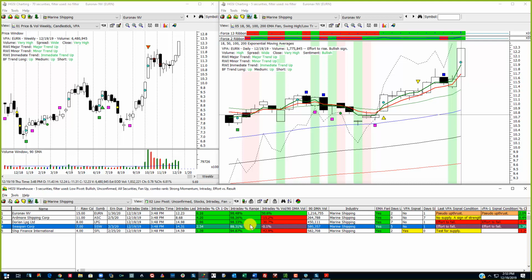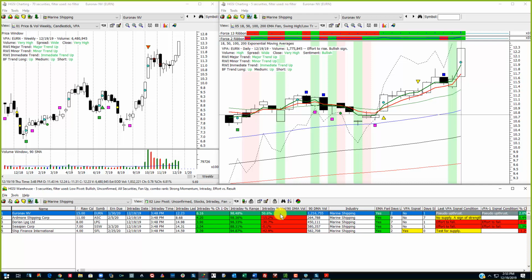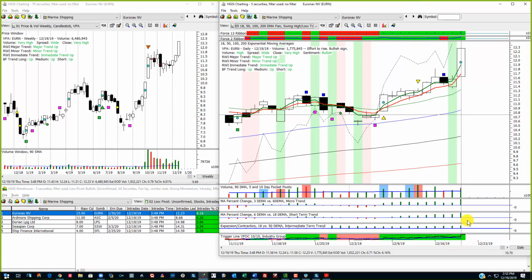C-SPAN is at 88% of its range. Now this is the intraday range. This is the one that's trading with most volume. Let me bring that chart back to the top, and you can see the volume right here in this window. So this little magenta tip here, that is the projected volume for the day.